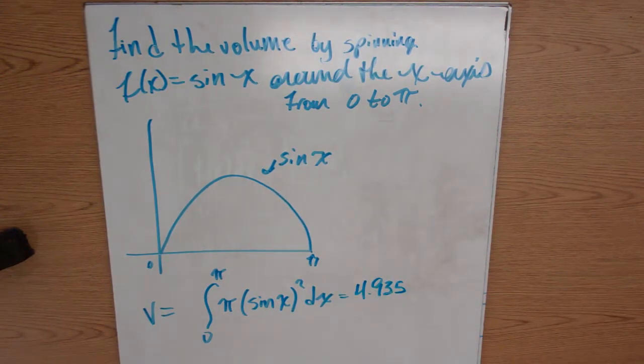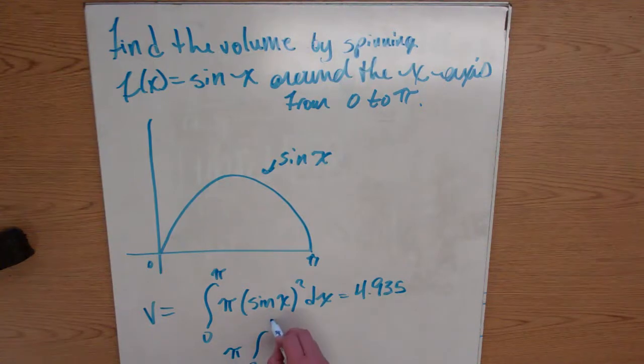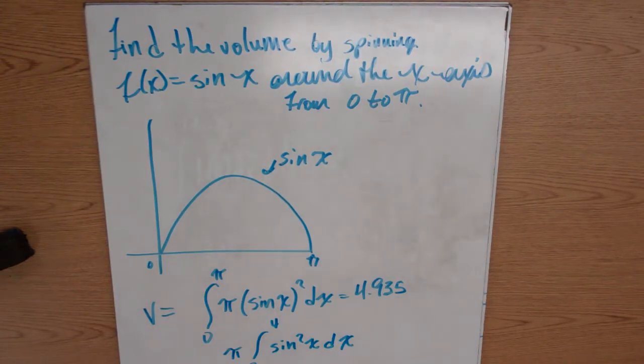Okay, so again, you could pull the pi out. Integral of sine squared x dx. So take the antiderivative of sine squared, evaluate it from 0 to pi, multiply it by pi, and you're left with almost 5.